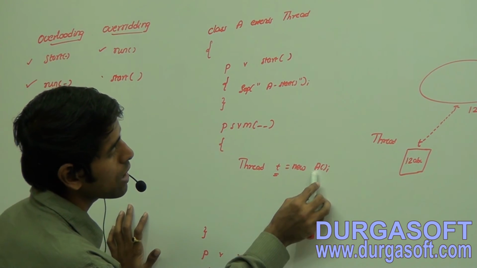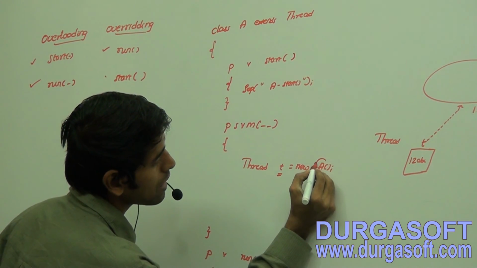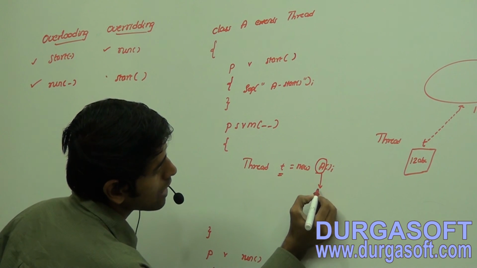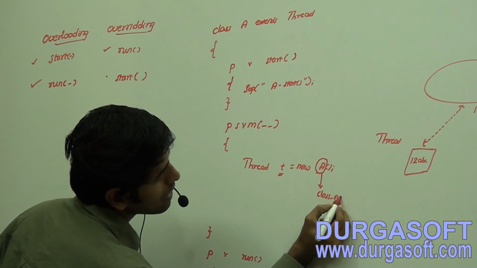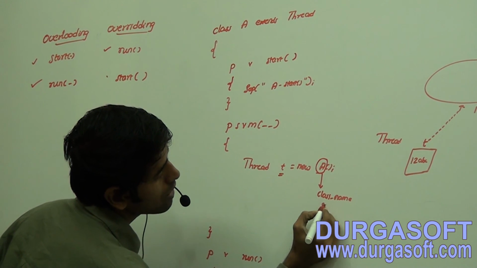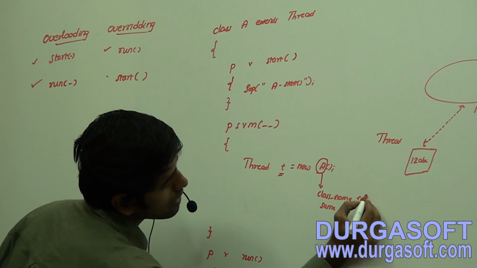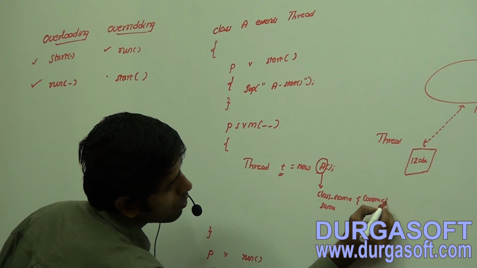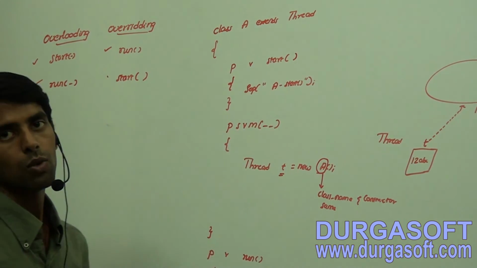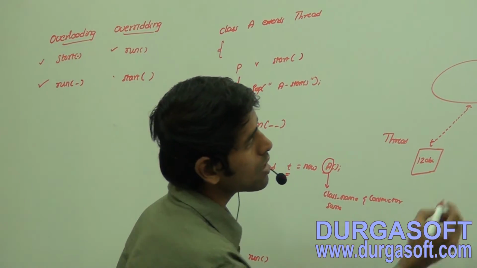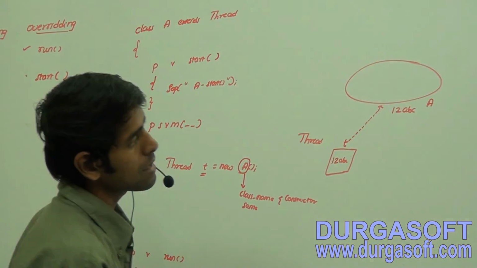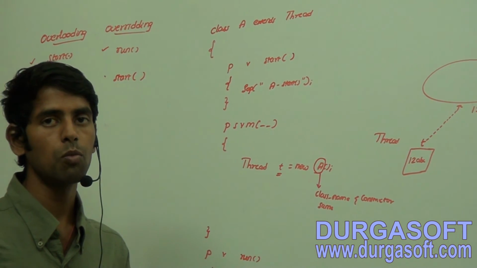Because of the constructor. The class name and constructor name will always be the same. That's why I am telling that it is of type class A, capital A. That is our user defined data type, or a blueprint.